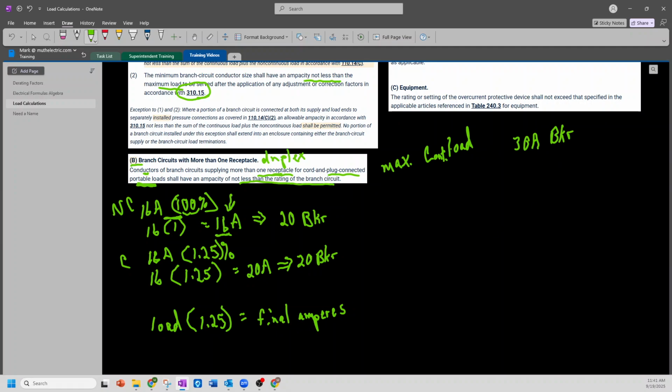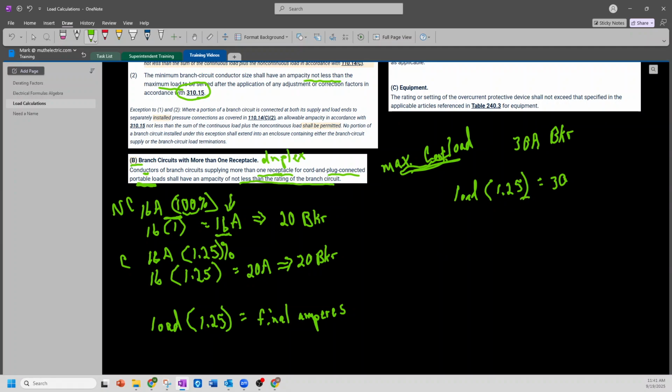So we're trying to figure out what our max continuous load can be on a 30 amp breaker. If we knew our load, we could multiply it by 1.25, and that would give us our 30 amps. That's the max amps, whether it's continuous or non-continuous, because that's what the breaker's set for.